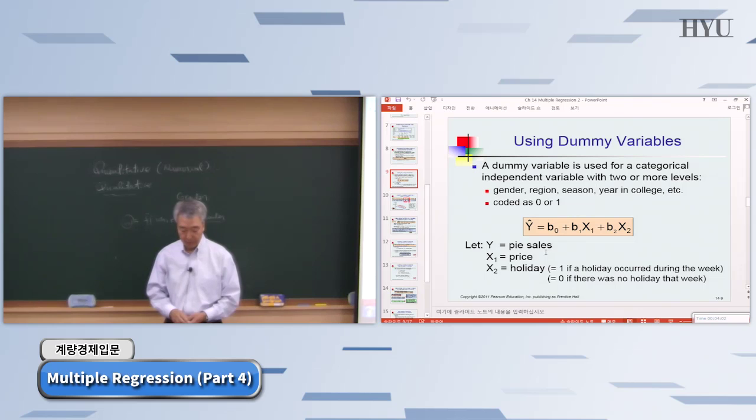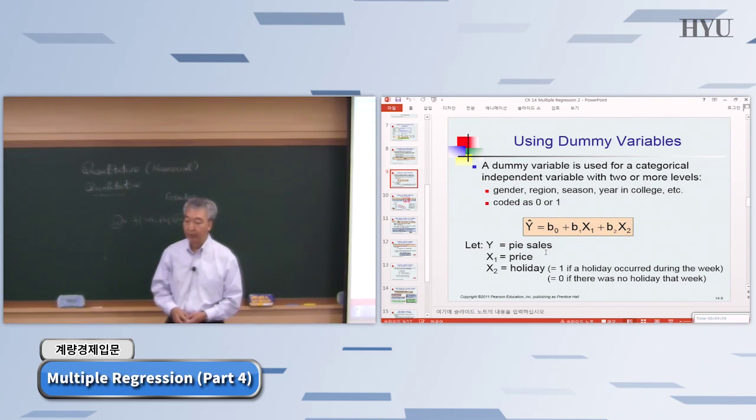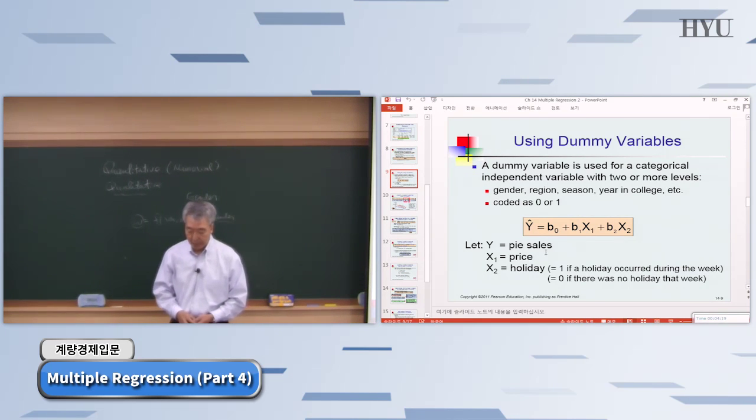And we use the price as the independent variable. But the owner of the store is asking the question, if we have any holiday during the week, does it make any difference in pie sales? In order to accommodate that kind of question, we can set up a dummy variable.